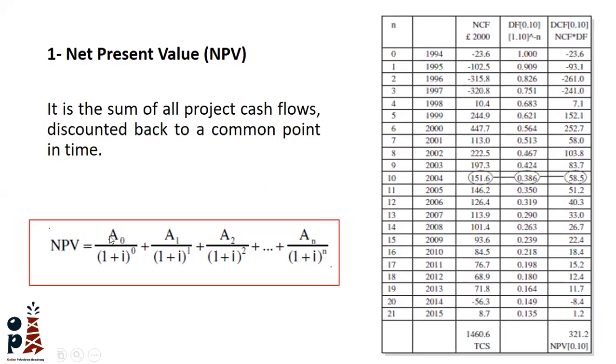So as we see now, the net present value is A naught divided by (1 plus i) to the power 0, this is the first year, then the second year. Every year you discount the cash flow using its discount rate to now. Net present value is the first discounted parameter that should be taken into consideration when you make an economic model.